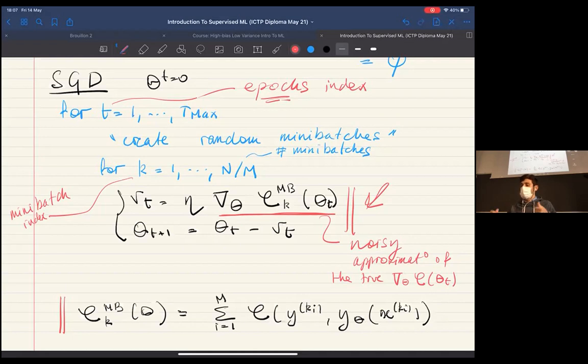Okay, so people like to say that the noise induced by stochastic gradient descent is kind of a self-regularization, in the sense that this noise in SGD allows to prevent overfitting.